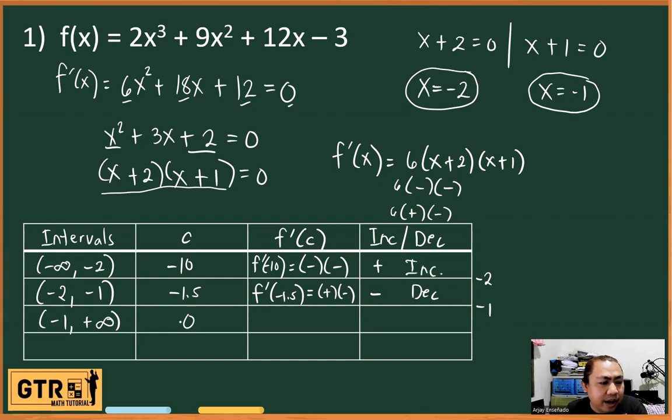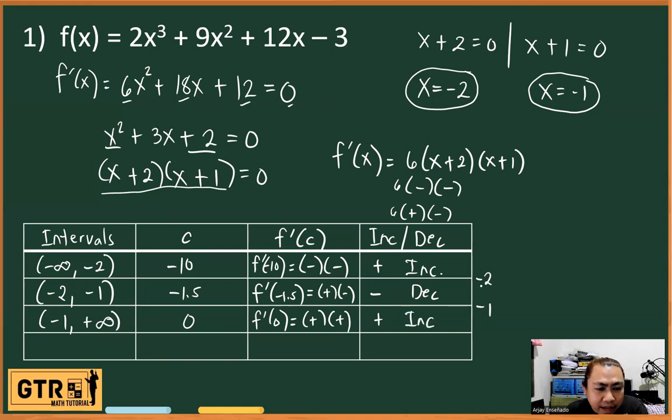And then last, we have f prime of 0. If this is 0, we have 0 plus 2, which is positive 2. And then 0 plus 1 is positive. Positive times positive is positive. Therefore, increasing again in the interval.